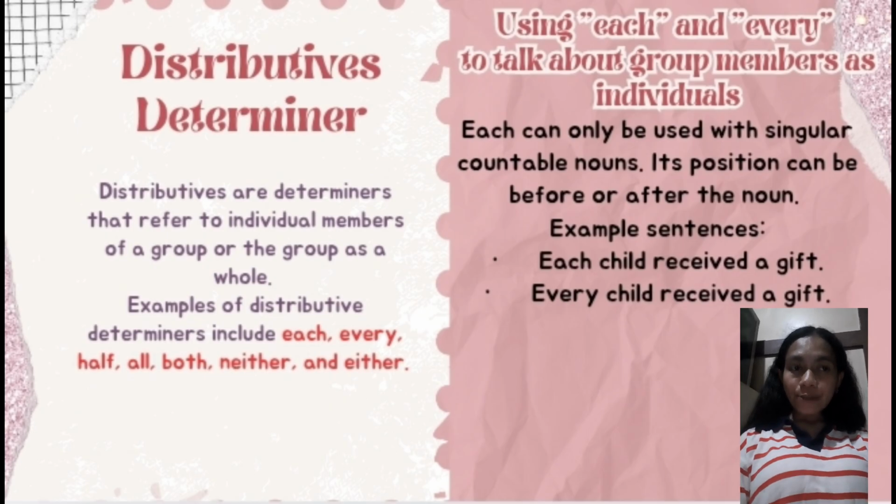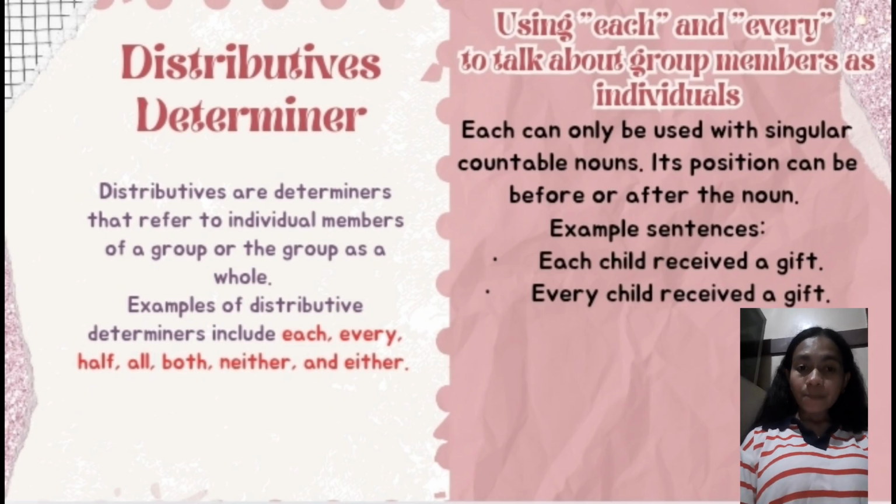Using each and every to talk about group members as individuals. Each can only be used with singular countable nouns. Its position can be before, on, or after the noun. For example, each child received a gift. Every child received a gift.